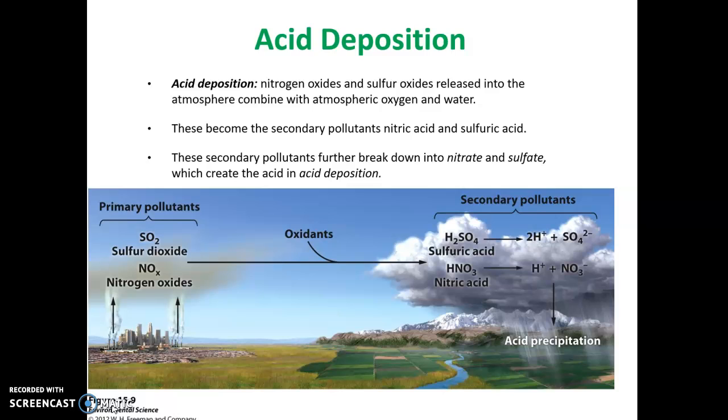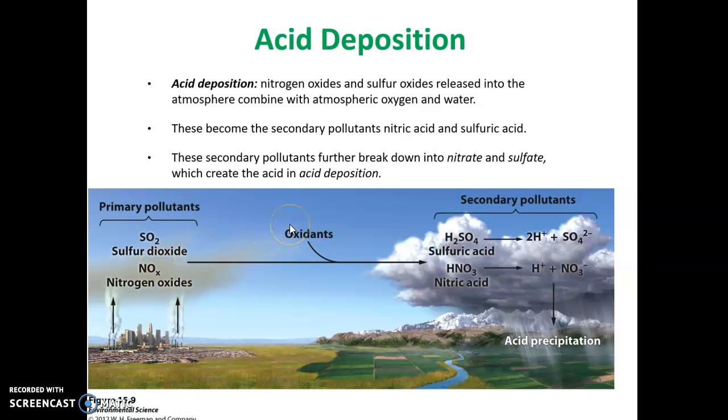So let's take a look at the diagram. First you have the primary pollutants, the initial pollutants: sulfur dioxide, which is one sulfur atom and two oxygen atoms, and nitrogen oxides, which could be one nitrogen atom with one oxygen atom or one nitrogen atom with two oxygen atoms.